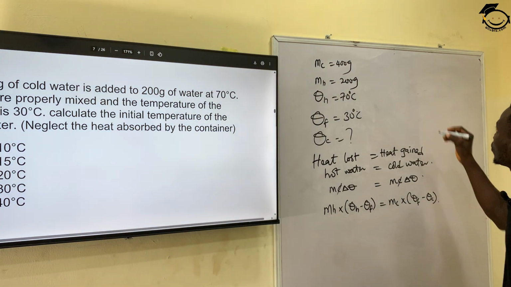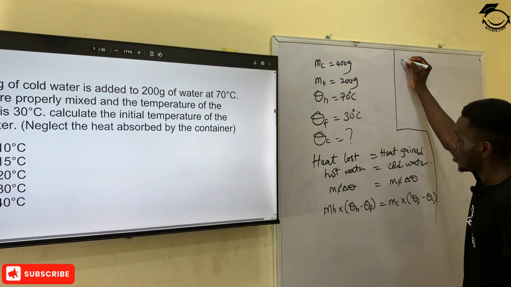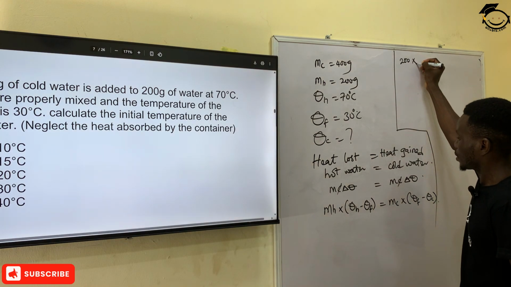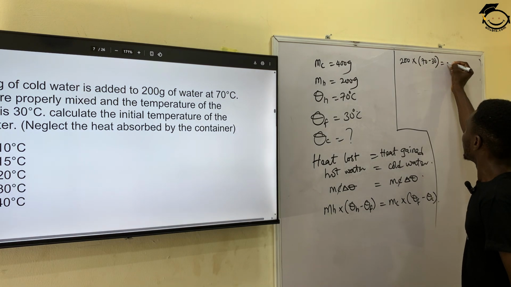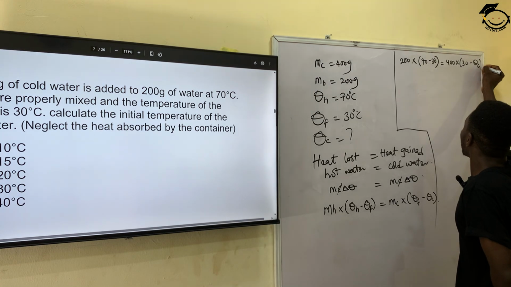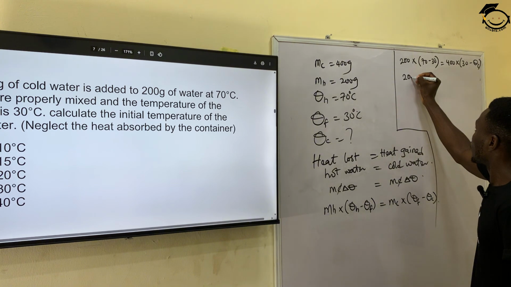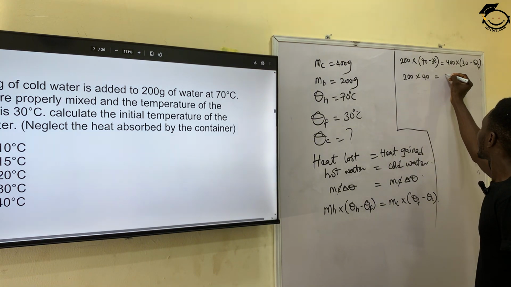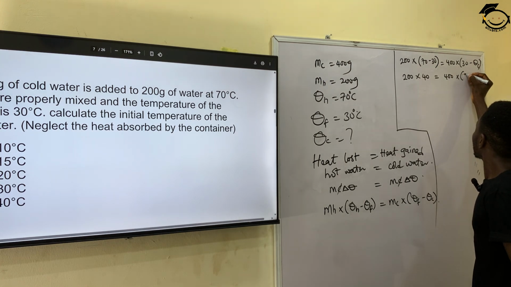If I input our values, the mass of hot water is 200 times 70 minus 30, which will be equal to 400 times 30 minus the temperature of the cold water. This is the same as saying 200 times 40 equals 400 times 30 minus theta of the cold water.